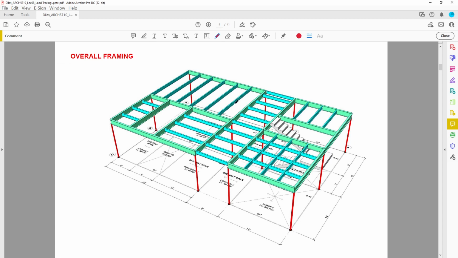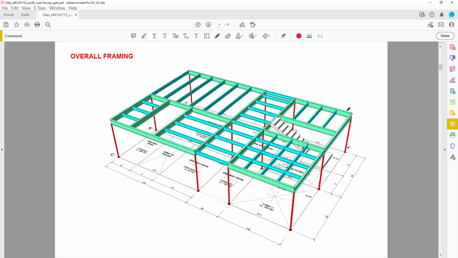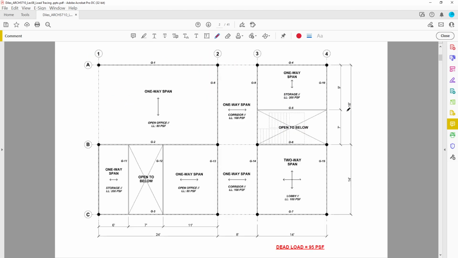These are just shown to help you understand the directions of the spans, but we're really just worried about the green girders and the red columns. It can be helpful to look at the 3D diagram, but you should also mostly be able to look at the framing plan and begin to sketch on top of it and figure out what's happening. So good luck, and let us know if you have any questions. Thanks.